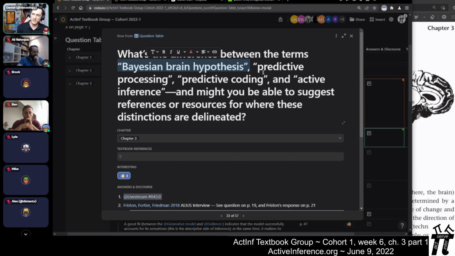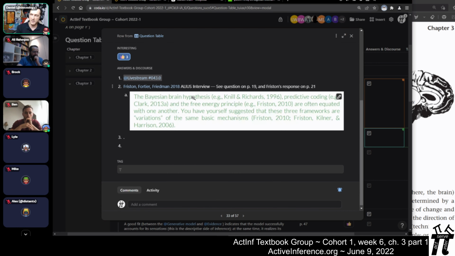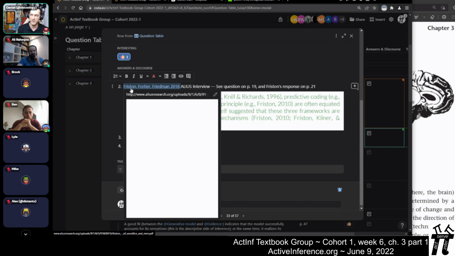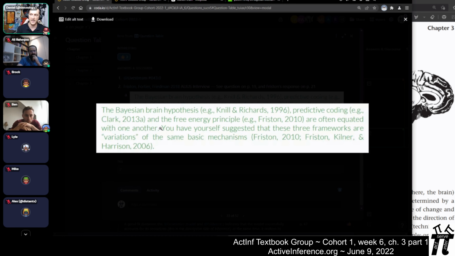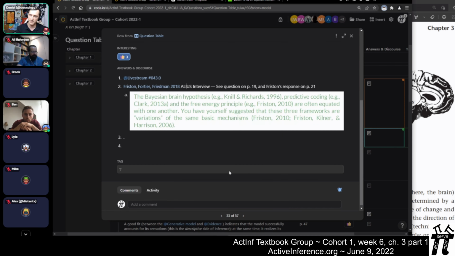Specifically, on predictive coding, active inference, and the Bayesian brain: this is an interview that a departed colleague and I did with Carl Friston in 2018, and we specifically asked, the Bayesian brain hypothesis, predictive coding, and the free energy principle are often equated with one another. You yourself have suggested that the 3 frameworks are variations of the same basic mechanisms. So 2018 was a very different time.